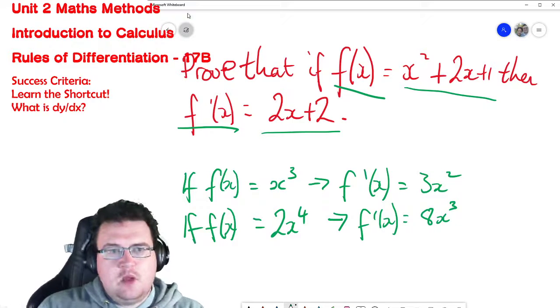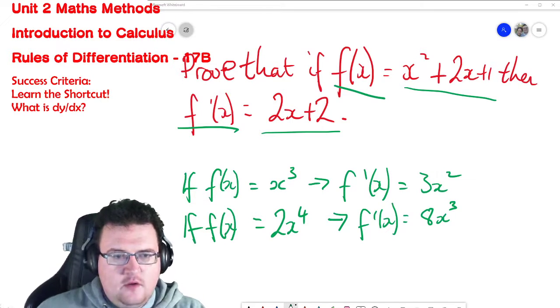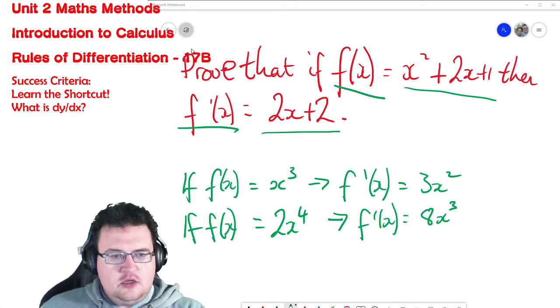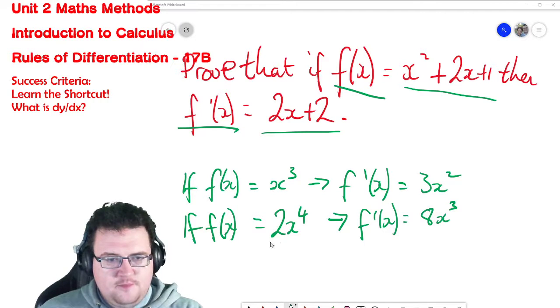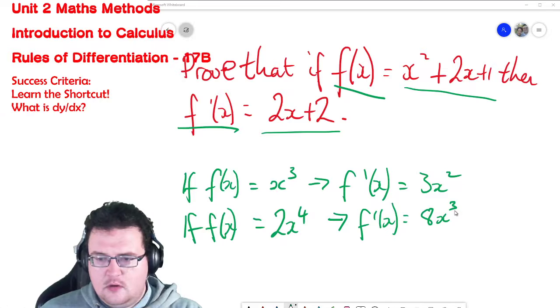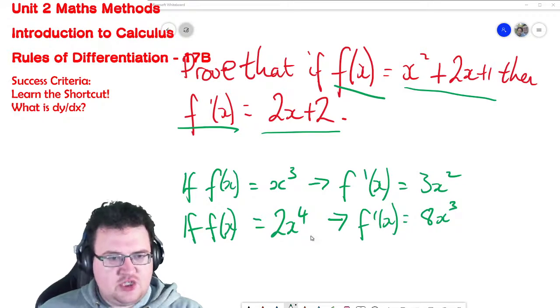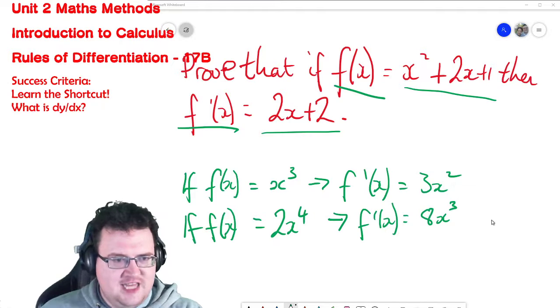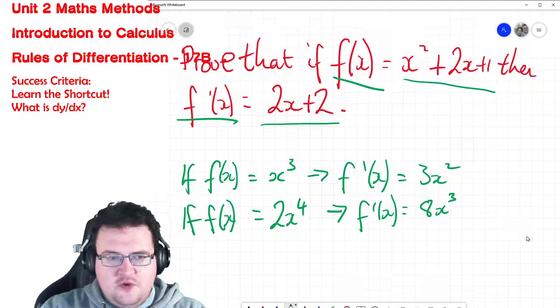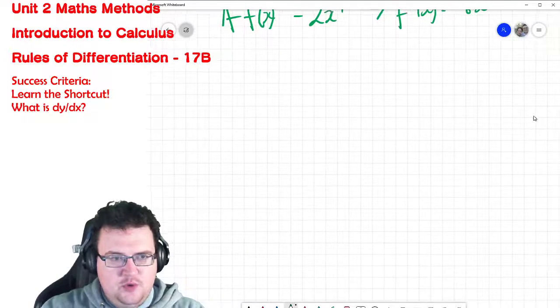Again, following along with the pattern, I've got 2x to the 4, I've taken the derivative of it, and now I have 8x cubed. So what's happened to the power? Yeah. And 2 times 4 is 8.